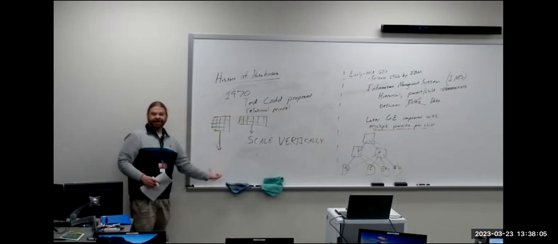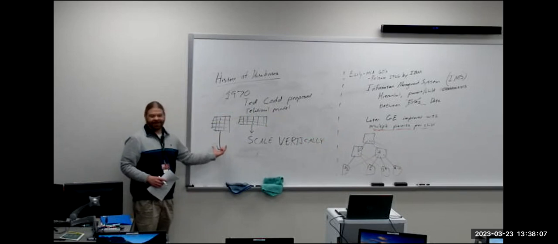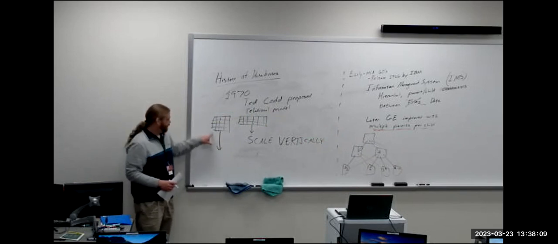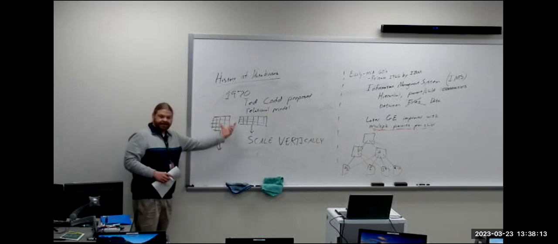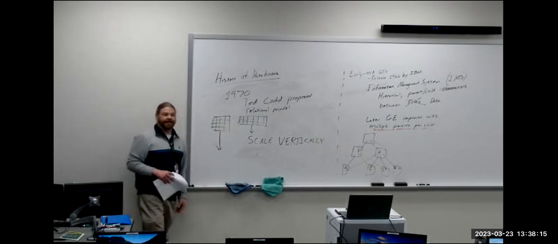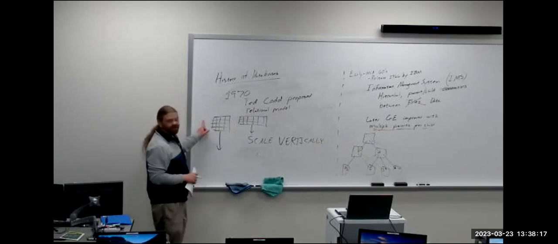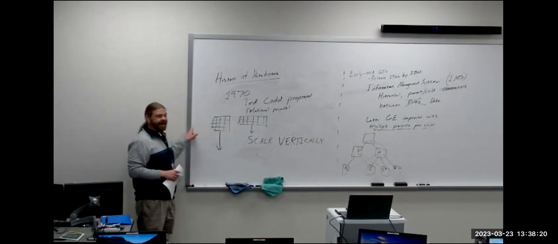And that way, instead of just seeing the word scale vertically in a textbook and wondering what that's for, think about if you draw a table. You add rows, and you're making that table stretch out vertically. It doesn't do much horizontally. Adding more columns to that table is kind of a problem.